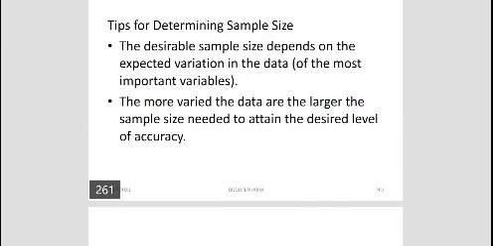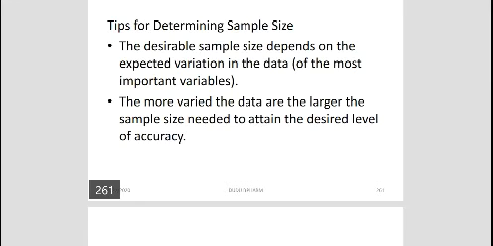This sentence means that you can have a variable that you are measuring, right? Maybe you are measuring height, tall and short people. Maybe you relate it to body mass index; you can see the desirable sample size depends on the expected variation in the data.